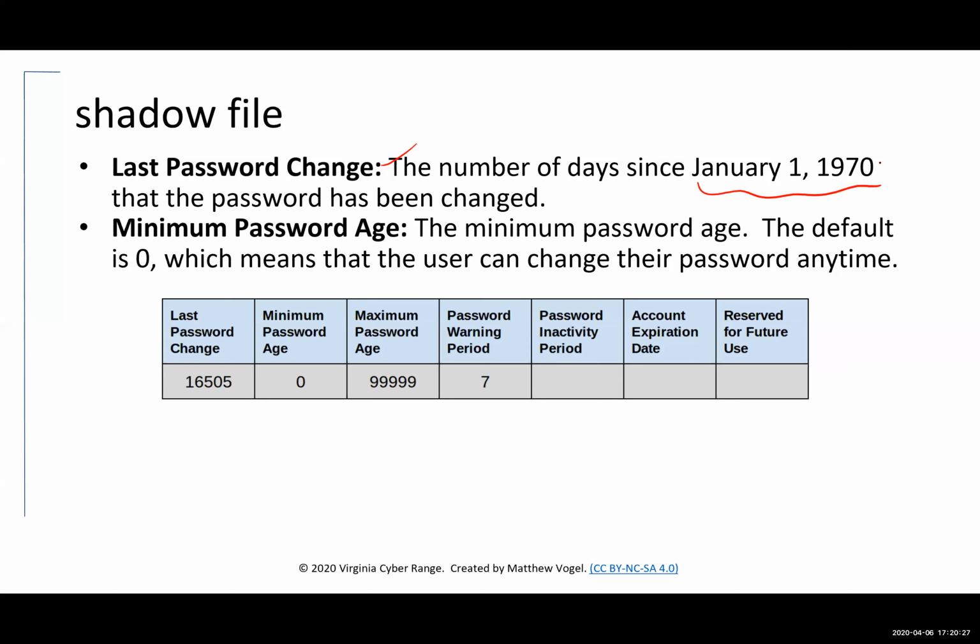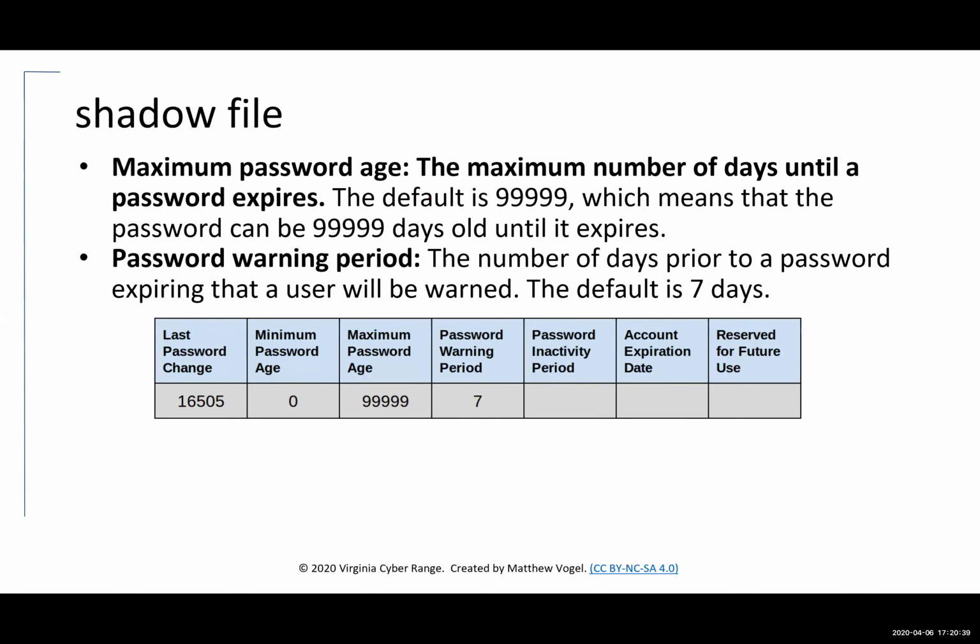The minimum password age: you can set the minimum age of a password. If it's left at 0, then the user can change the password at any time. You can have a maximum password age, and the default is 99999, which means that there's essentially no requirement to change the password, but there are some organizations that have a policy that says the password has to be changed every 3 months, for example.